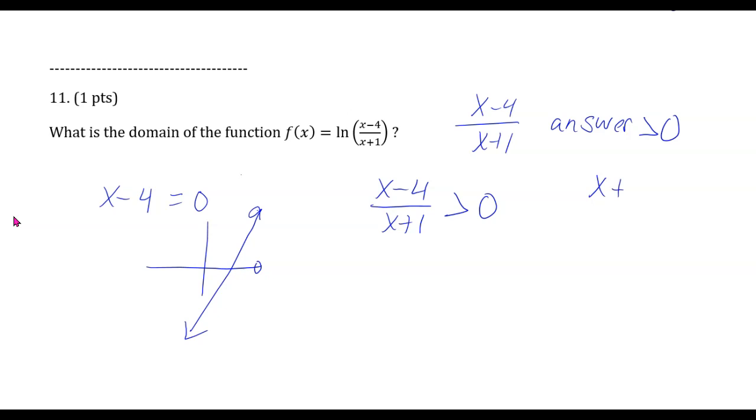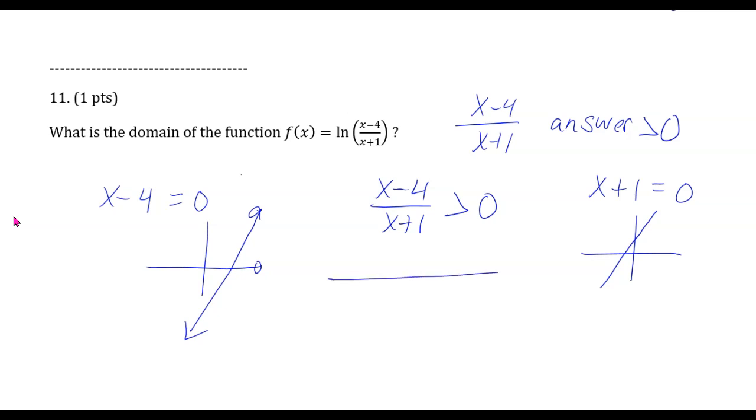The x plus 1 becomes 0 at the value where x is -1. This means that when I'm looking at this particular graph, it's crossing at -1. It's going to be positive whenever I get to the other side, and I drew it on the wrong side, my bad. X equal -1, which would be over here, which would put it here. As long as x is to the right of -1, it's positive, and to the left, it's negative.